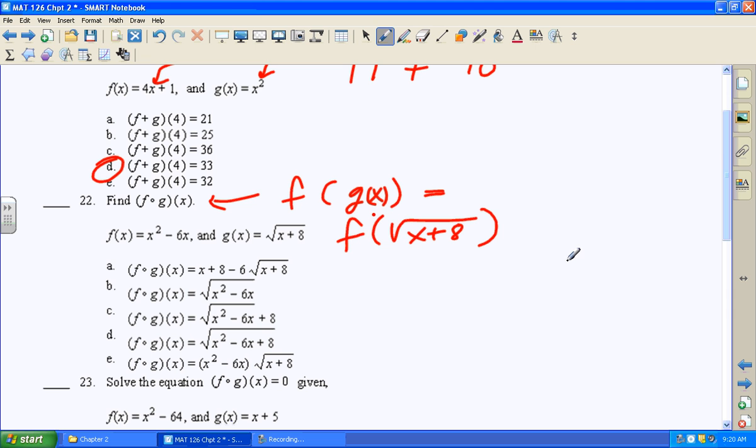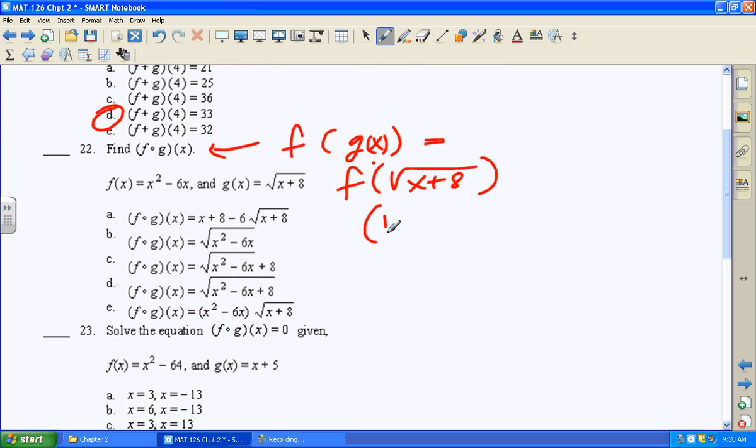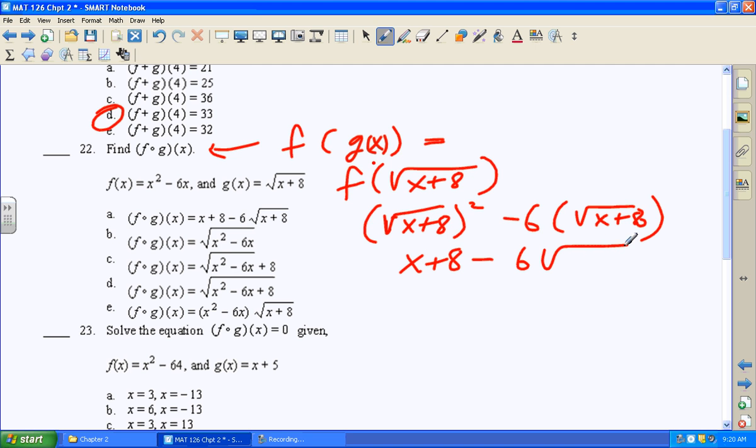Okay? You put that into all the x's of f, you come up with the square root of x plus 8, squared, minus 6 times the square root of x plus 8. Okay? The square root of a quantity squared is just going to be that quantity, x plus 8. And you really can't simplify this anymore, so you just leave it.